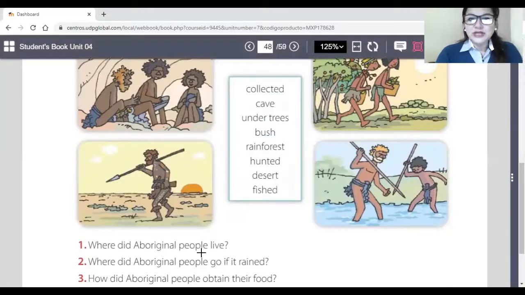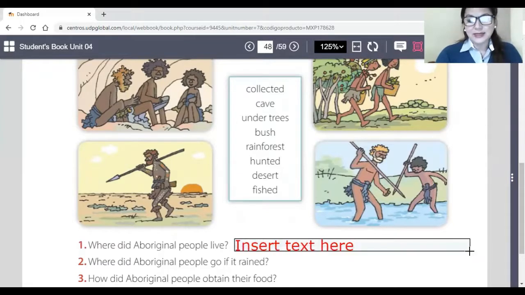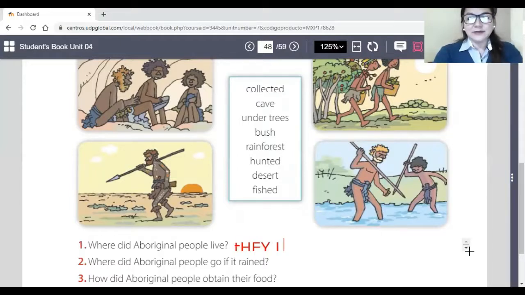Where did Aboriginal people live? They lived, in past tense, remember that? They lived in the bush.